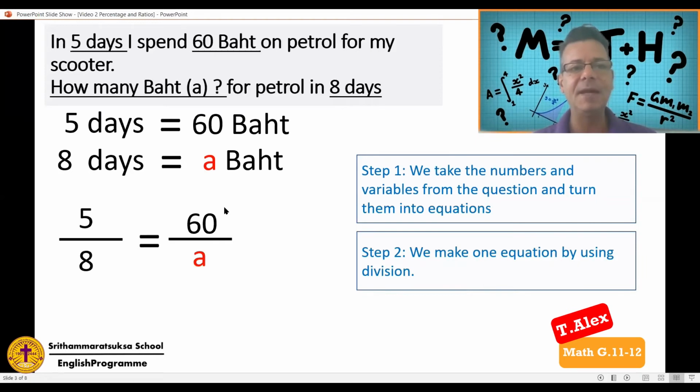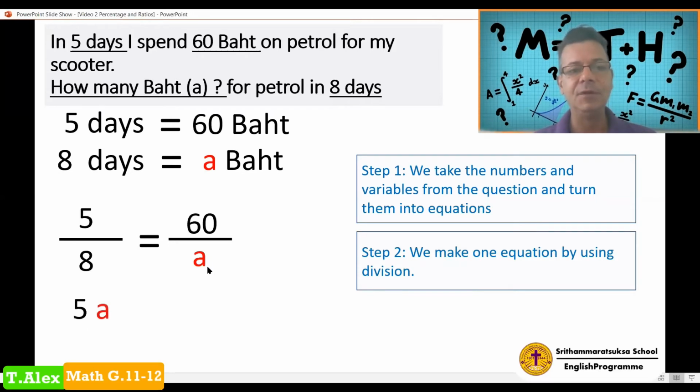It is the same method for all these types of questions. Now, I hope you can solve for A. I move the A over here, so really I have 5A equals 60 multiplied by 8. Remember, here I am dividing by A, so when I move it to the other side, it becomes multiply.